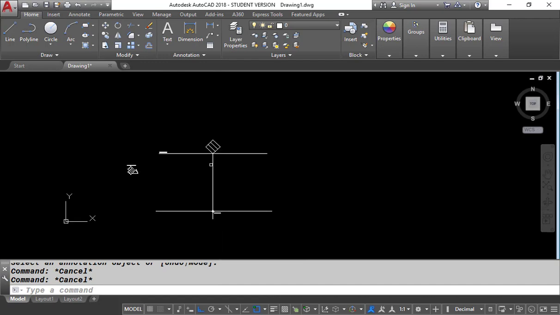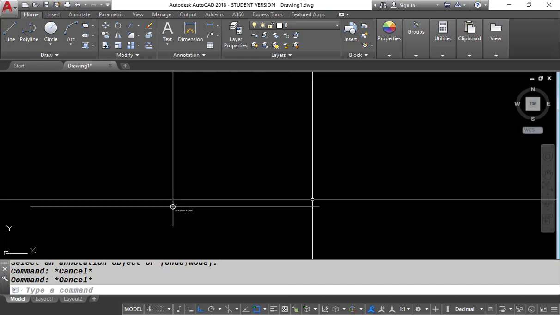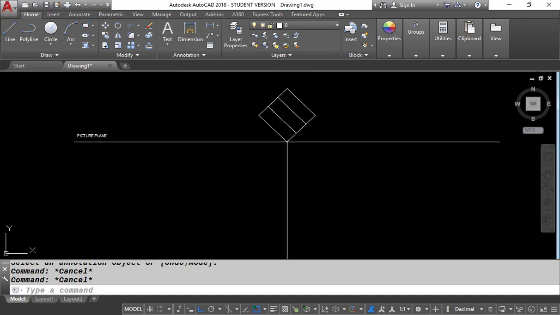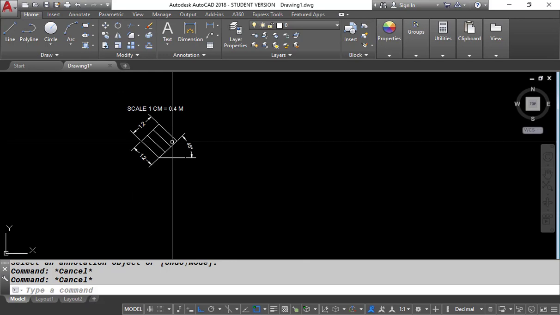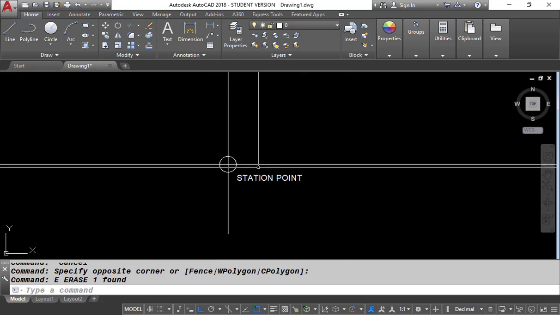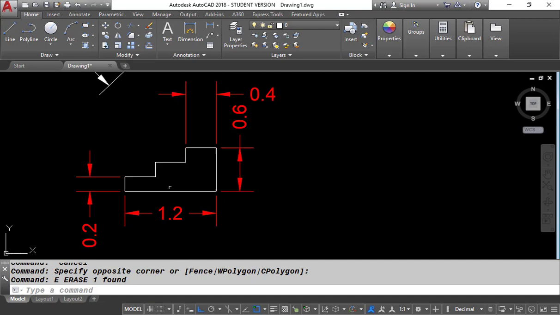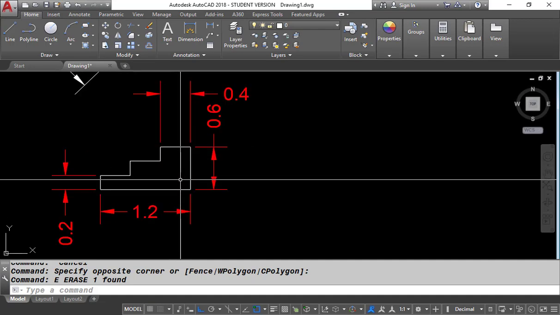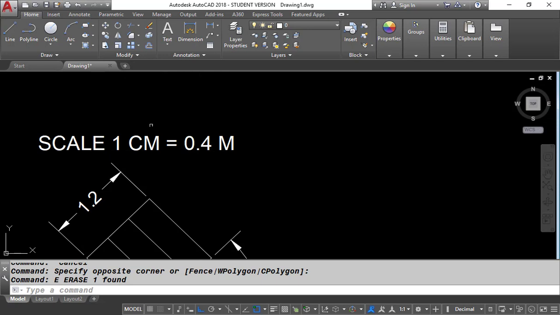Okay, now after drawing the station point, the next step is you have to draw the cross section of the staircase. So our scale is 1 centimeter is equal to 0.4 meter and tread depth is 0.2 meter. This cross section is drawn in scale 1:1, but we have to draw it in a scale of 1:0.4 meter.